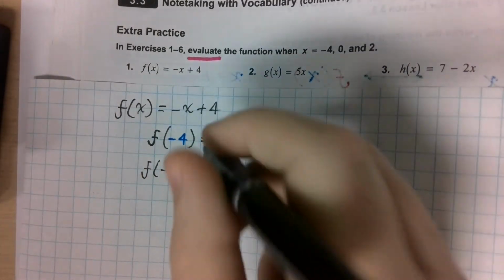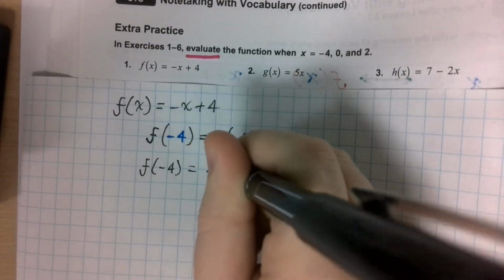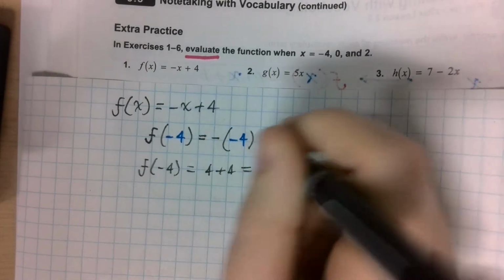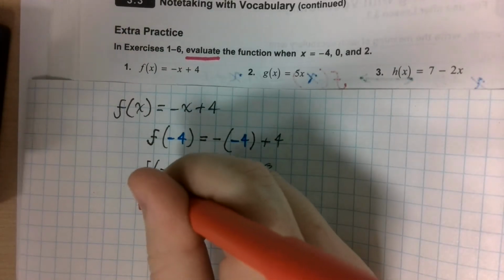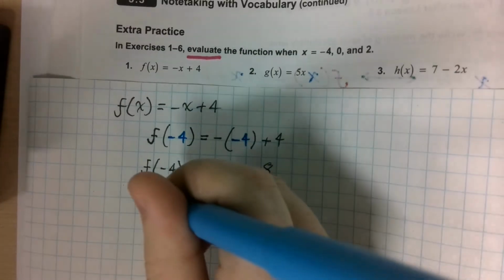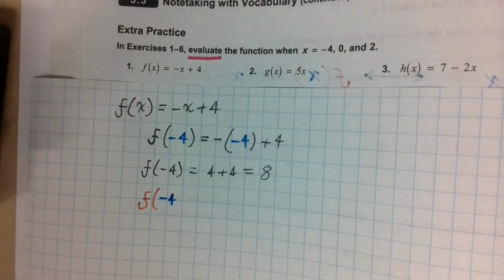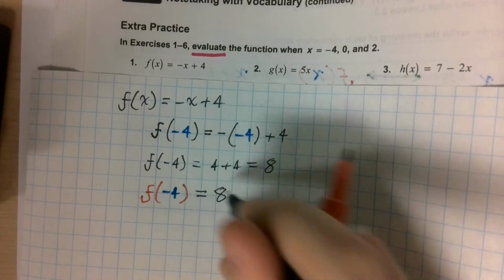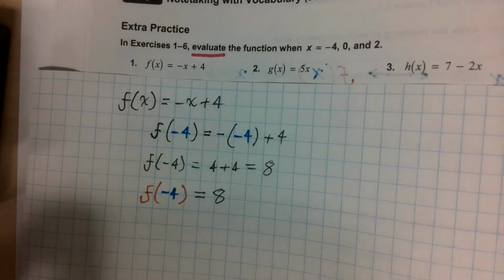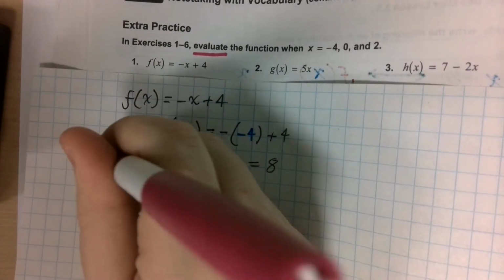So, we can say this ends up being 4 plus 4, which we know is 8. So, our final answer is, when we have an input of -4, we have an output of 8. This was when x equals -4.